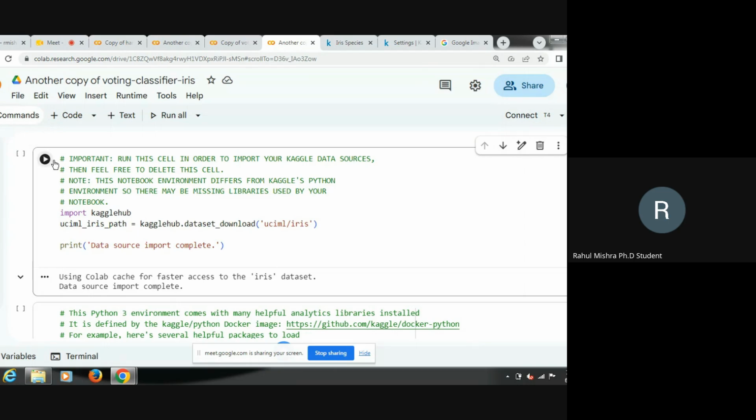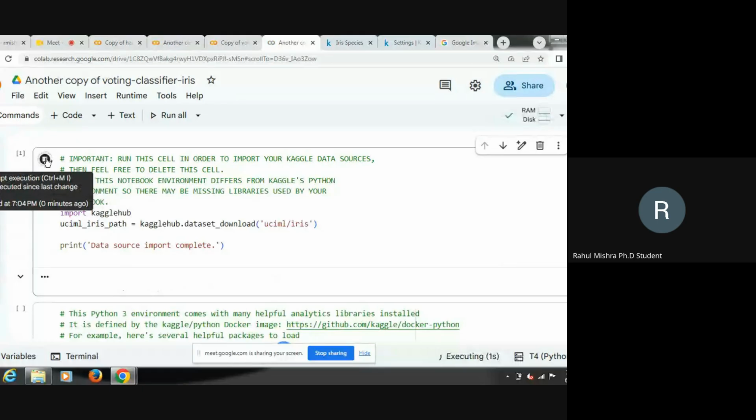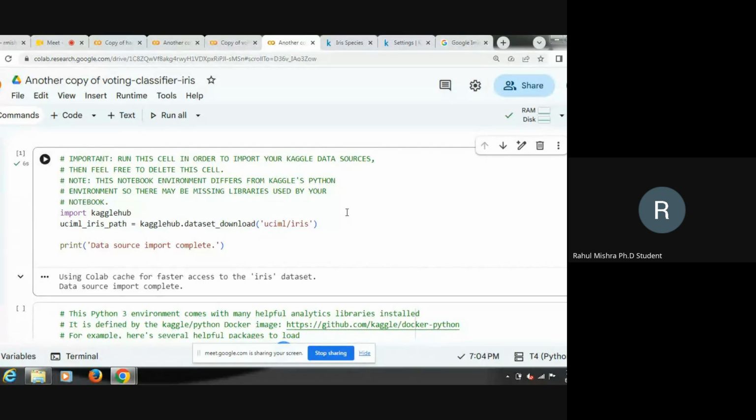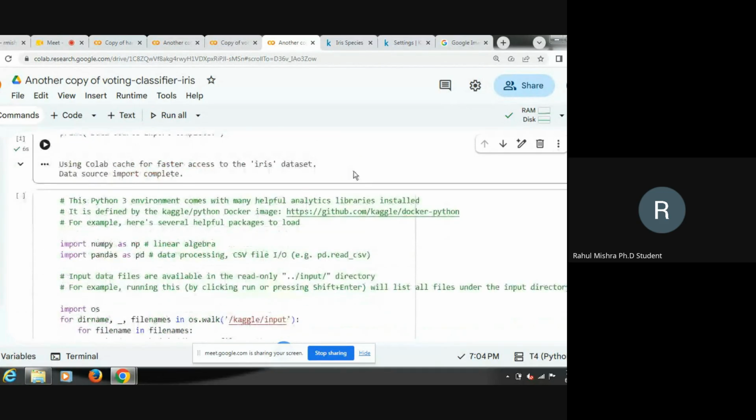In this notebook, we will see how we differentiate within the Iris dataset, and how hard voting, soft voting, and weighted voting could be used to differentiate between these flowers. I am again running the code one by one. This is just a simple notebook, and you can run it from any Colab notebook.